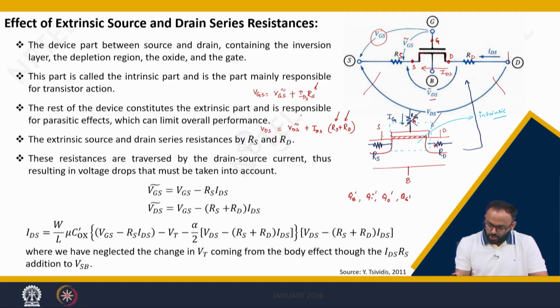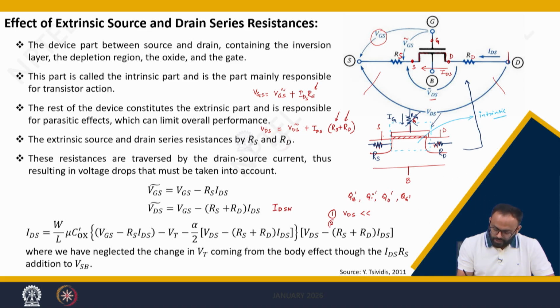So let us solve again for the non-saturation condition, meaning IDSN. We are considering two approximations here. First, we are keeping VDS very low. It means it is positive, but very low, so we are in the non-saturation condition.